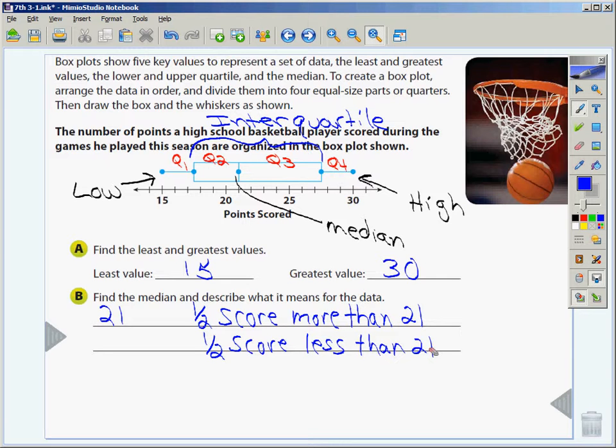That's what the median tells me about this data. They're talking about points that a basketball player makes. So the one that's in the middle makes 21 points. It means half the people make more than 21 and half the people make less than 21.